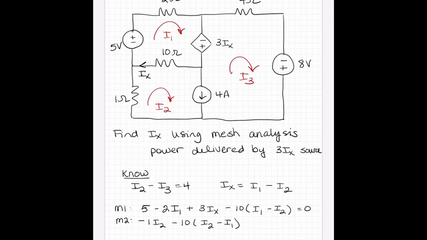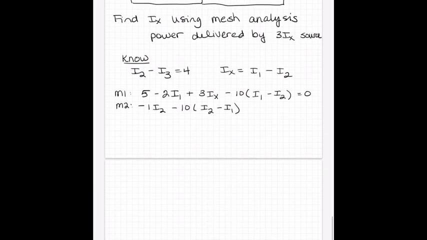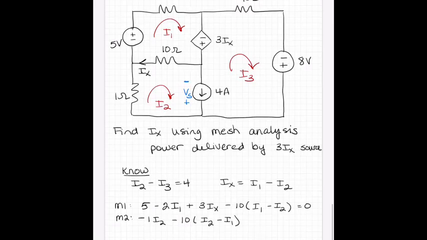Coming around to the current source, using the hierarchy, not a voltage source, not a resistor, I need to label a voltage variable and give it a polarity. I'm going to call that VS with that polarity, although you could certainly reverse that polarity if you wish. It does not matter. So minus 10 times I2 minus I1, coming around to the source, plus VS is equal to 0.